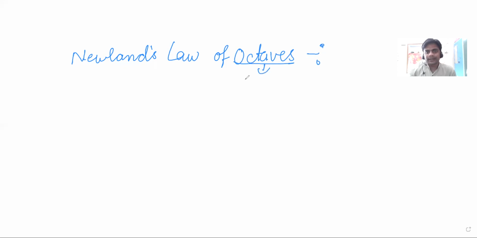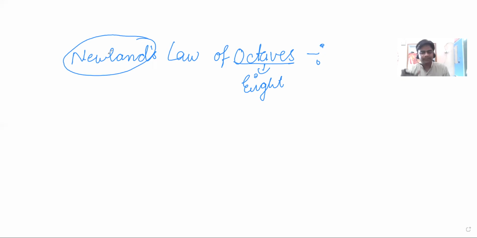He arranged the elements in increasing order of atomic mass. As we have musical notations sa re ga ma pa dha ni sa, there are 7 different notes, but when we come to the 8th, it is similar to the first one.